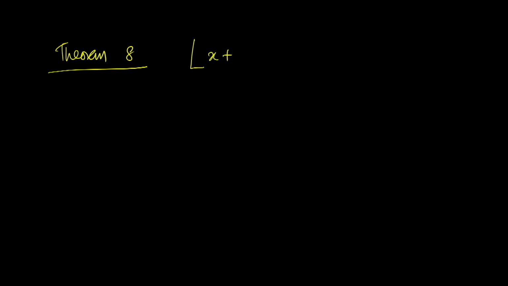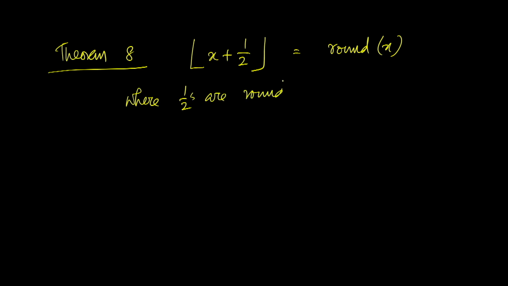The floor of x plus half is a round of x where halves are rounded upwards. For example, round of 7.5 is 8 because a half is rounded upwards.